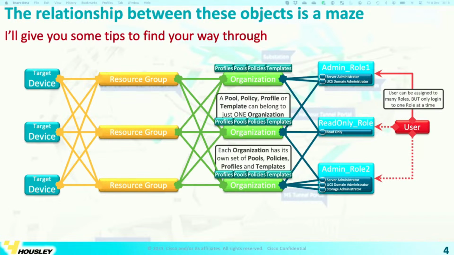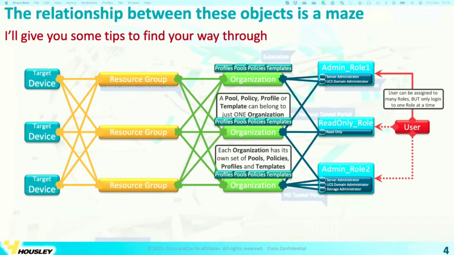Organizations are then linked back to the user via these user-defined roles. The path through this great big quagmire doesn't need to be as ugly as it looks on the screen. The key to the whole thing is to keep a nice, clean path and not get yourself into a great big spider's web organization like this, because if you do, you're going to find that everybody's got the same rights everywhere. So that's where we start out.